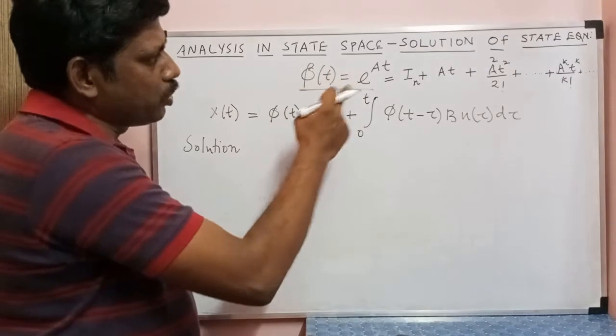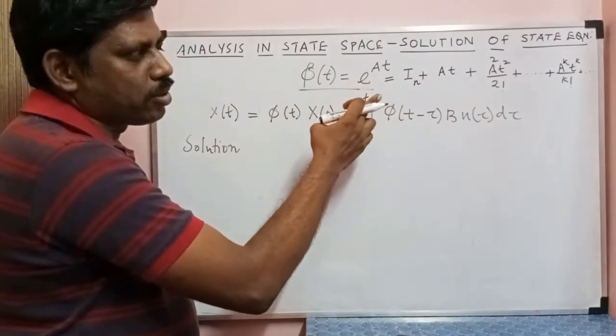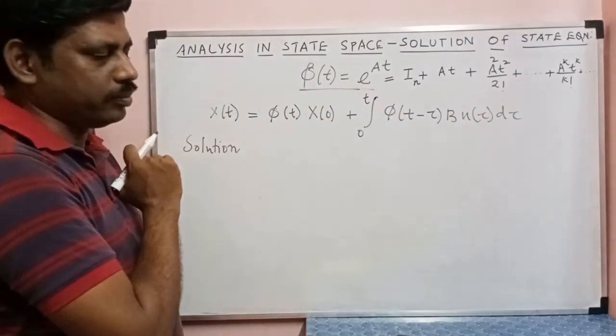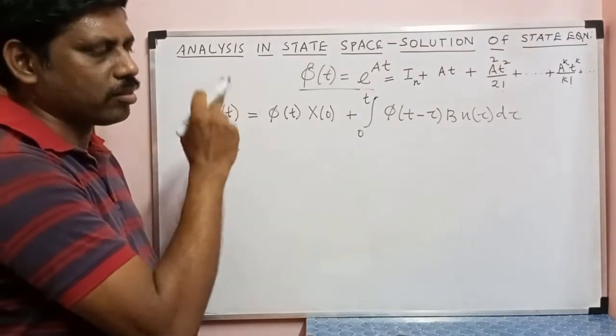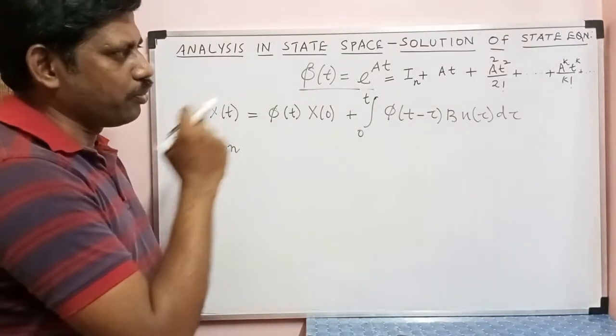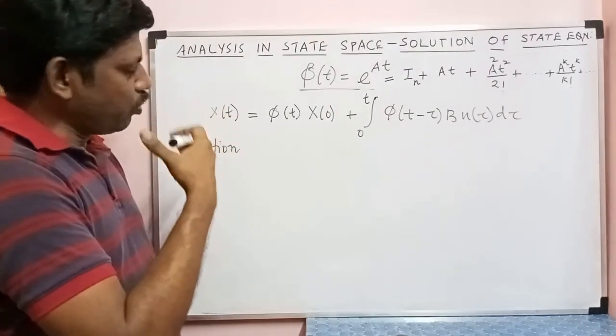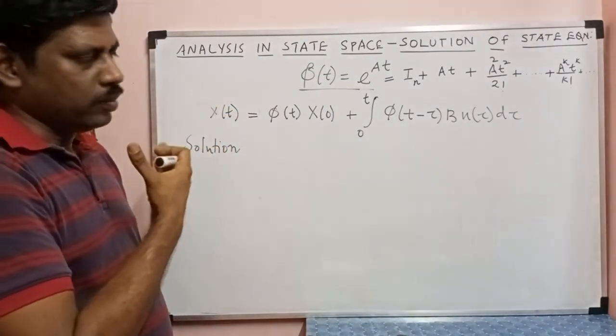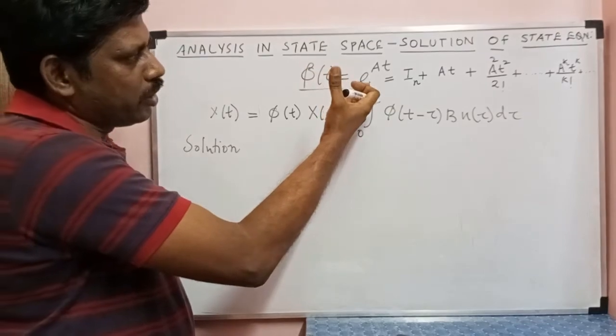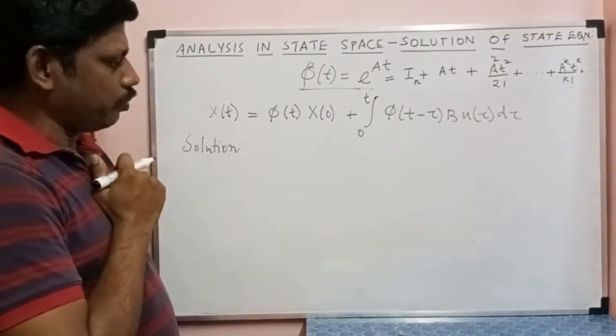So therefore, the computation of e power at is not that straightforward. Okay, even though it converges, it involves a lot of mathematical computations. So we want to explore whether I can compute e power at in some other way.